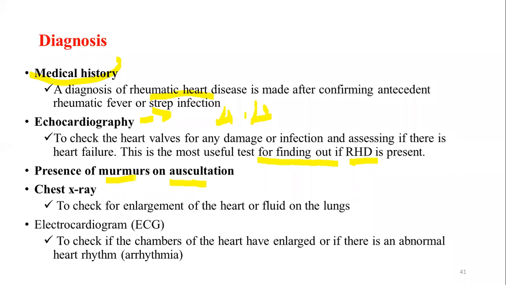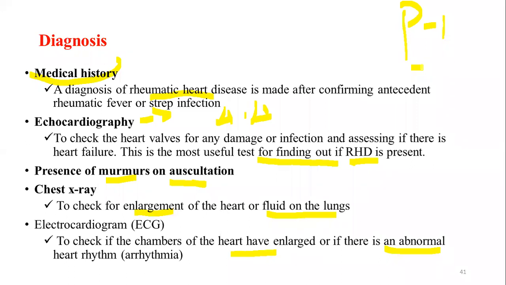Then chest X-ray will tell us whether there is enlargement of the cardiac tissues or fluid on the lungs. That is something you need to note. Then ECG will tell you whether the heart chambers are enlarged, or whether there are abnormalities in the cardiac rhythm. If you remember about P mitrale and P pulmonale, I mentioned something about this.